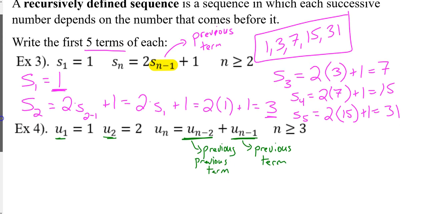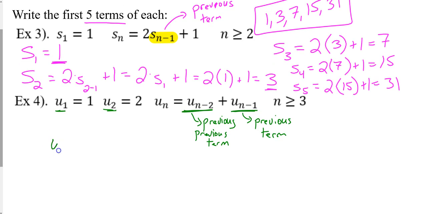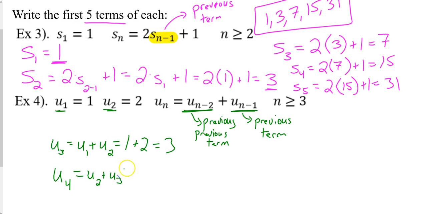So, to find u sub 3, sorry about that, u sub 3 would be equal to u sub 1 plus u sub 2. So u sub 3 is equal to 1 plus 2, which is 3. U sub 4 would be equal to u sub 2 plus u sub 3.